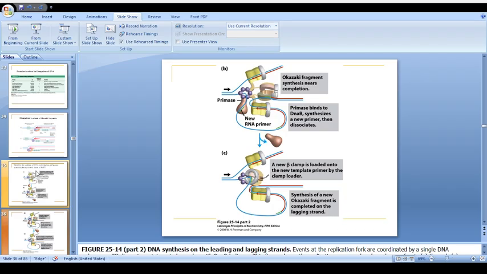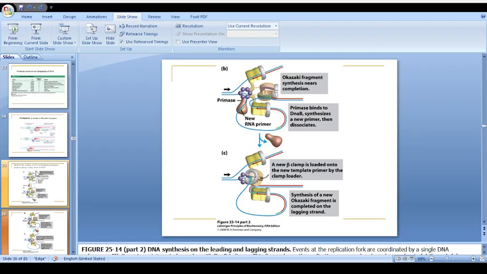Once the Okazaki fragment is synthesized, the unbound DNA region is again looped out, the primase binds and a new primer is synthesized and further extended by DNA polymerase 3. During this time, a new beta clamp is loaded onto the newly synthesized primer. So the synthesis of a new Okazaki fragment is completed.